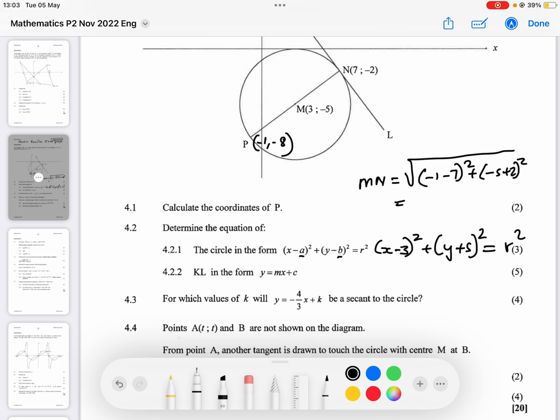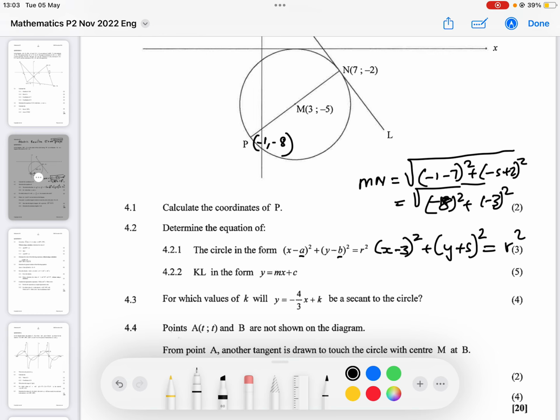This will give me minus 8 squared plus minus 3 squared.